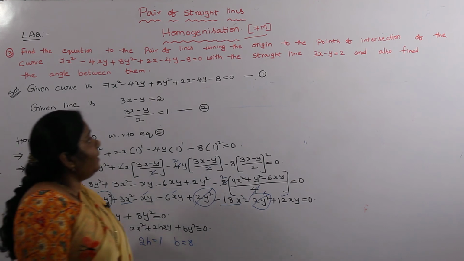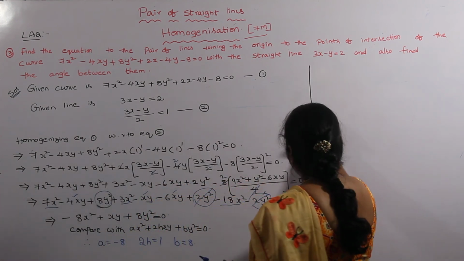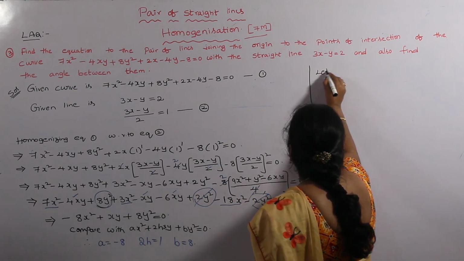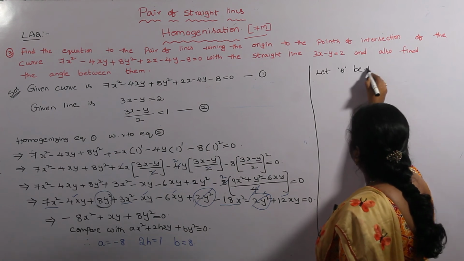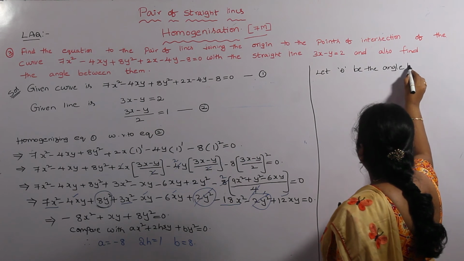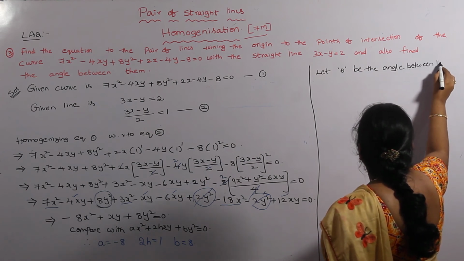After that, find the angle between them. Let theta be the angle between the lines.